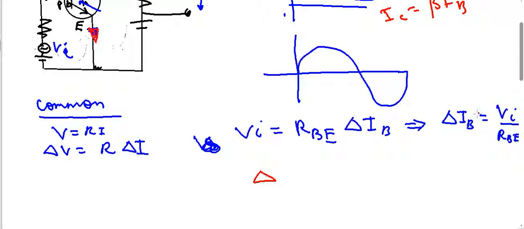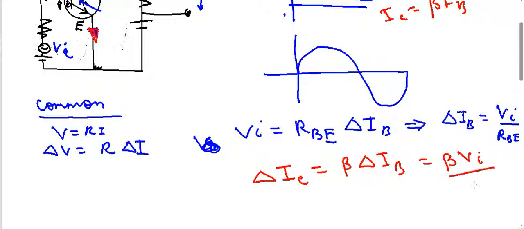Because of a change in IB, there will be a change in IC, which will be equal to beta times delta IB. And if I put the value of IB here, from here I will get delta IC equal to beta times Vi divided by RBE.